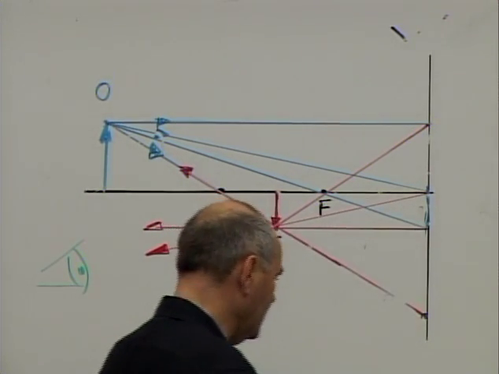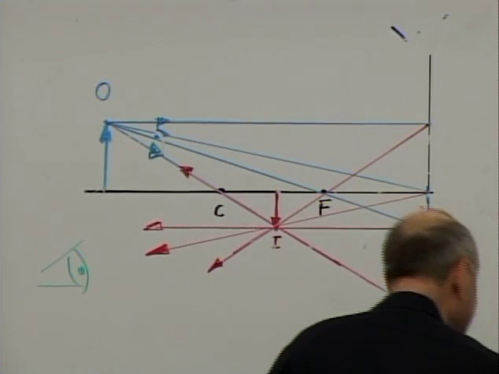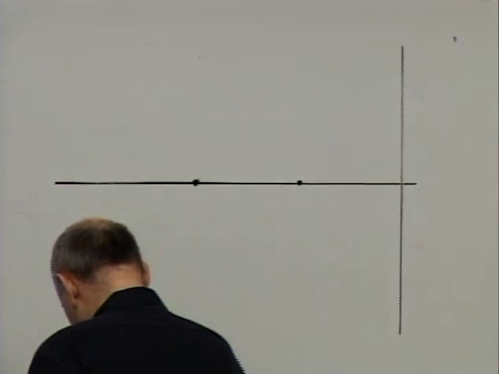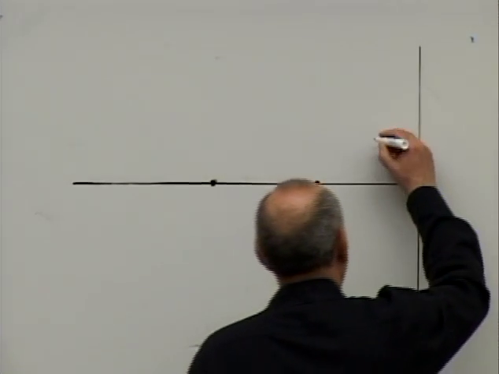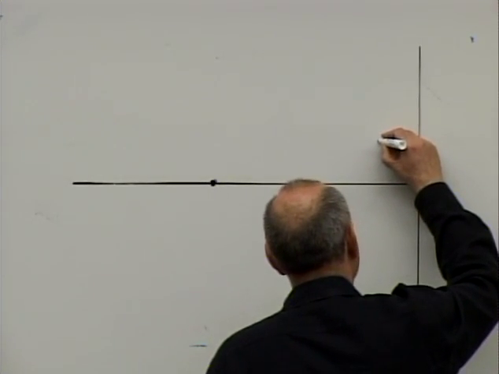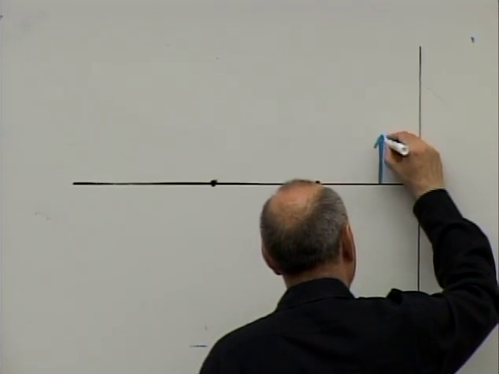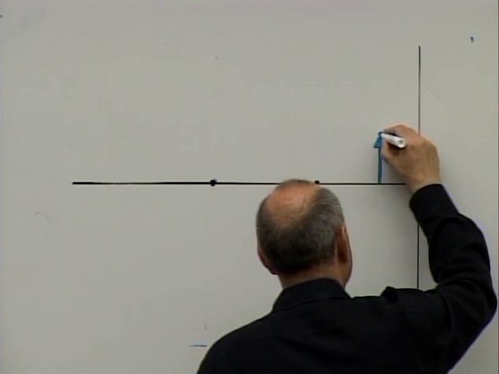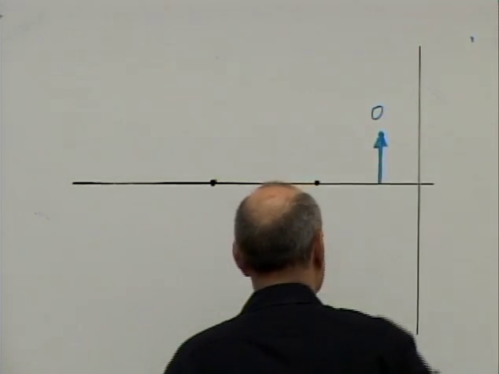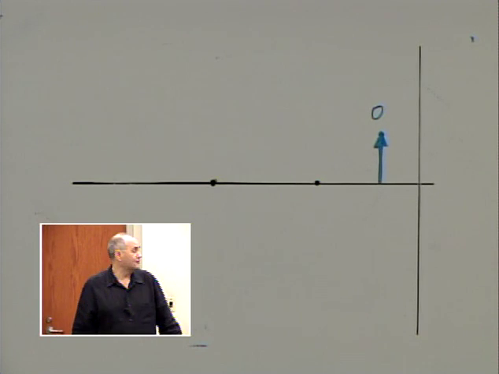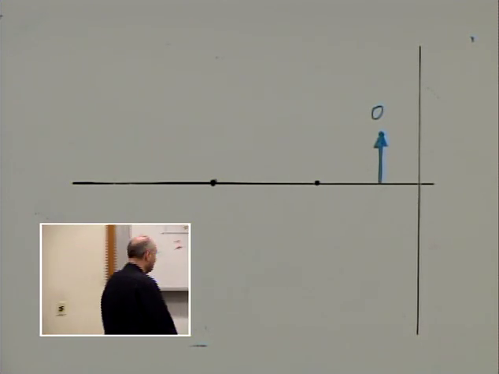All right, now let's see what will happen if I put the object here, and consider this as the object. Why don't we draw a ray diagram and find out where the image is?